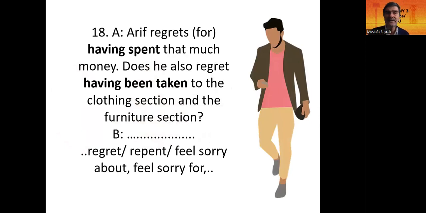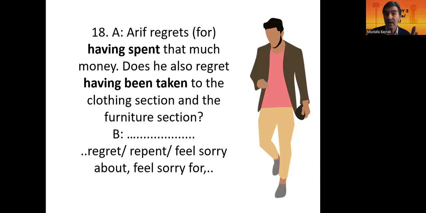18A, Arif regrets for having spent. Regrets for spending is also possible. But as you know, there is perfection, completion in perfect forms, in all perfect forms, including gerund perfects. Arif regrets for having spent that much money, or Arif regrets spending that much money.